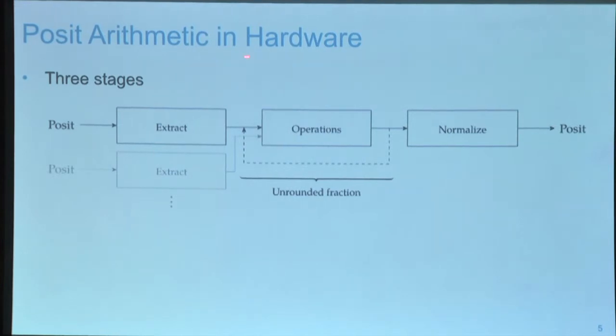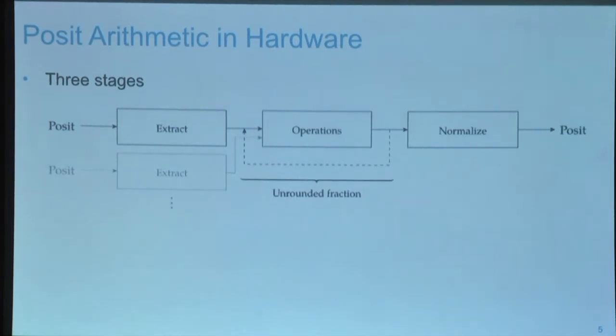The Posit arithmetic in hardware that Laurens built is built up over 3 stages. Depending on the operation, we need one or more Posit numbers. First, all the fields are extracted. We only have 2 special cases, where it's zero or not a real. Other than that, all the Posit fields are extracted. I think in the previous presentation we've also seen a few tricks on how to do that.